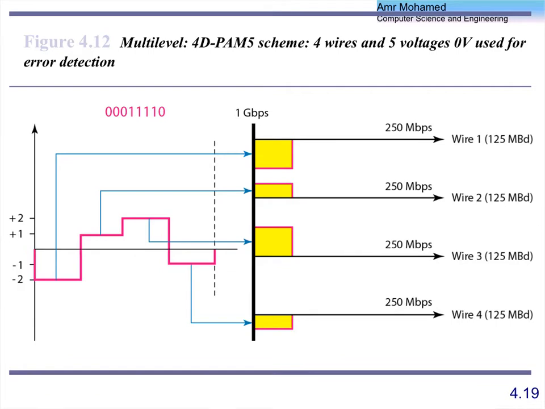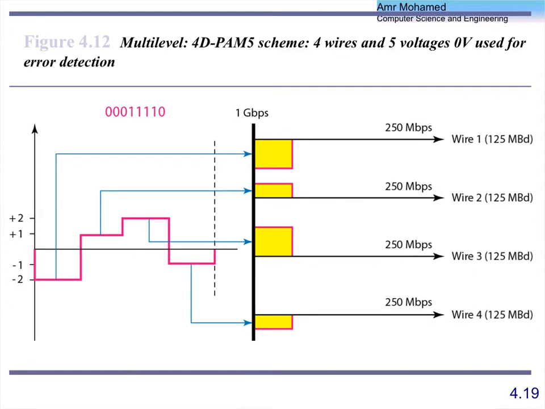So 4 to the power 4, right, which is actually 256. And what is the bit combination here? We have 8 bits. So how many combinations do we have? 2 to the power 8, which is also 256.